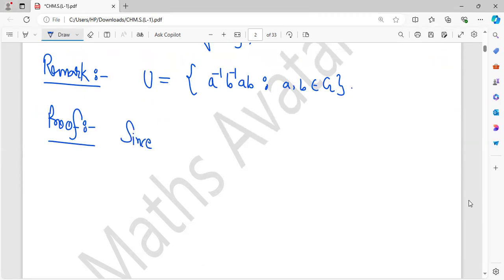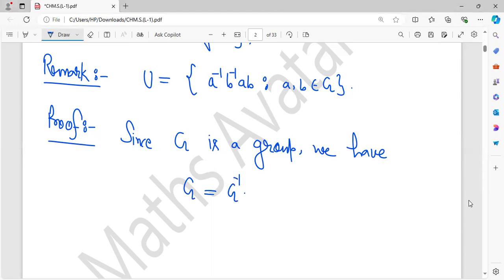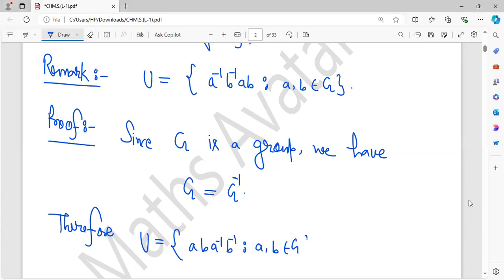Since G is a group, we have G is equal to G inverse. Therefore, U is equal to a inverse b inverse such that a, b belongs to G. Because G is equal to G inverse, we can replace a by a inverse, b by b inverse.